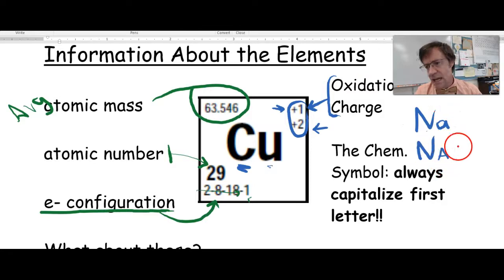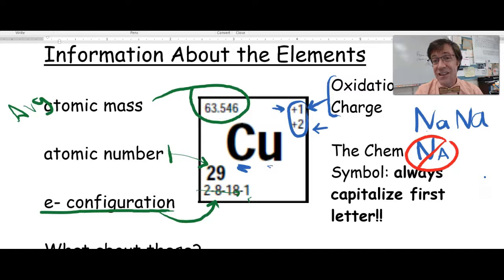Uppercase, small uppercase, not happening. Oh, wait, I can also accept this. Large uppercase, large lowercase, I can even let that fly. But you may not have an uppercase for the second letter. Why? That way we know what we're talking about. Because many elements have only one letter for their symbol, and so we have to be uppercase, lowercase. That's it. It has to be uppercase, lowercase. No exceptions. I'm real sorry.